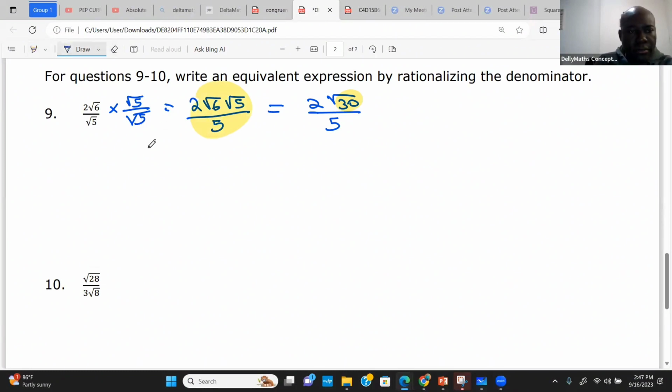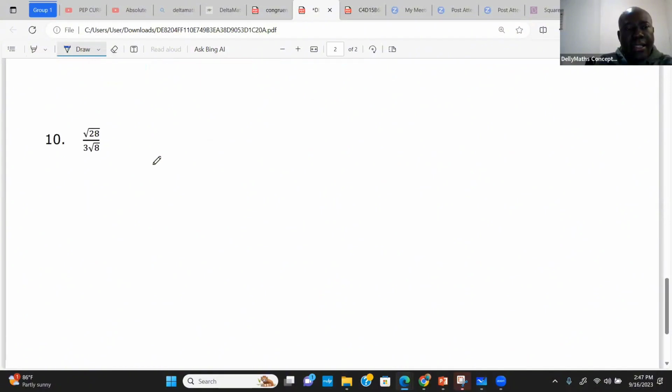All right. So let's take a look at this other one. In this case, all I'm going to do is rationalize just the root of 8, because that's the problem. So I'm not going to trouble the 3. At the top, I'm going to merge the idea, so if I multiply 8 times 28, I'm going to get 224 over 3 times 8.